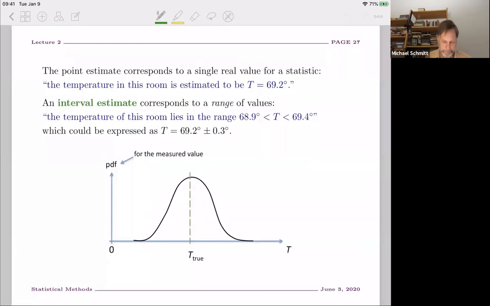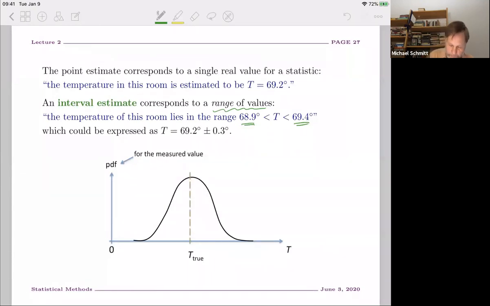So the point estimate, let me remind you, corresponds to a single value. The temperature in this room, I estimate to be 69.2 degrees Fahrenheit, period. An interval estimate gives you a range of values where you say, well, the temperature of the room lies in the range between, say, 68.9 and 69.4, with a certain confidence level, with a certain probability, let's say 68%.